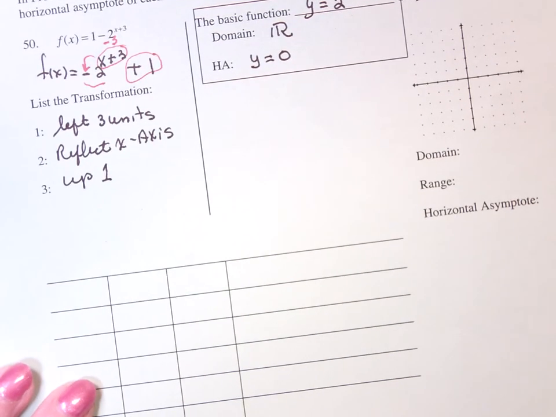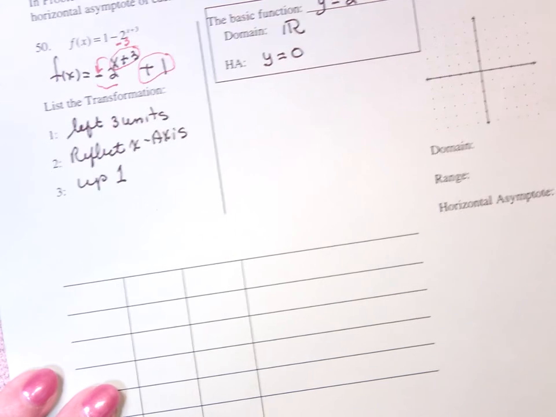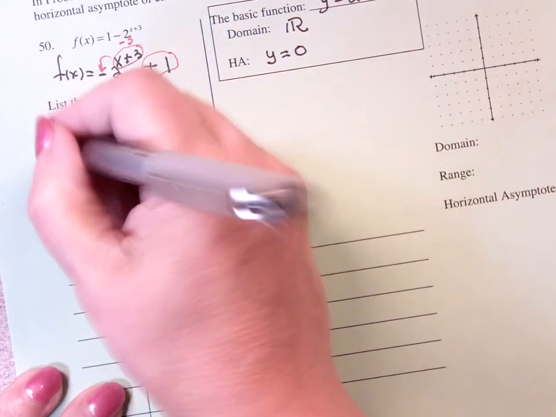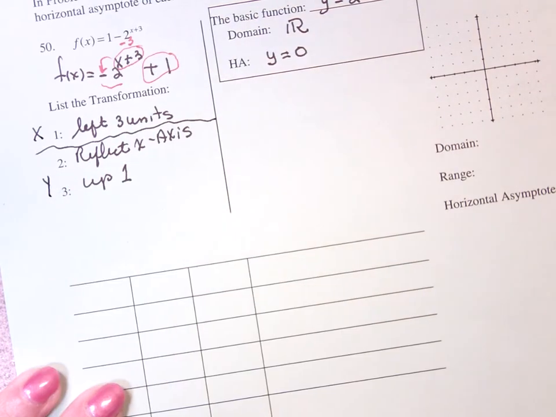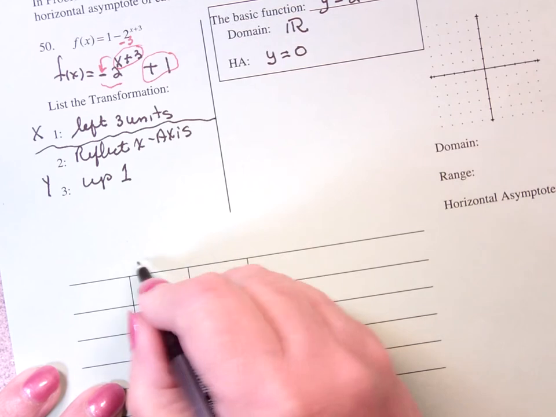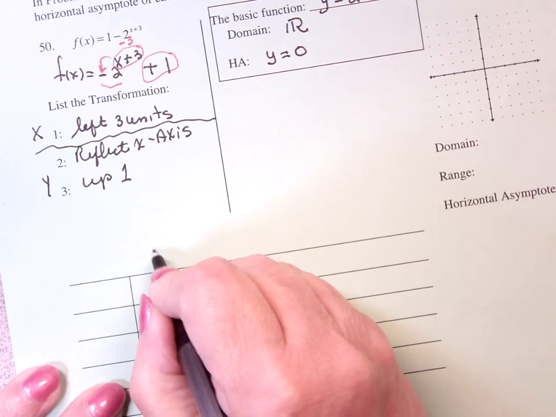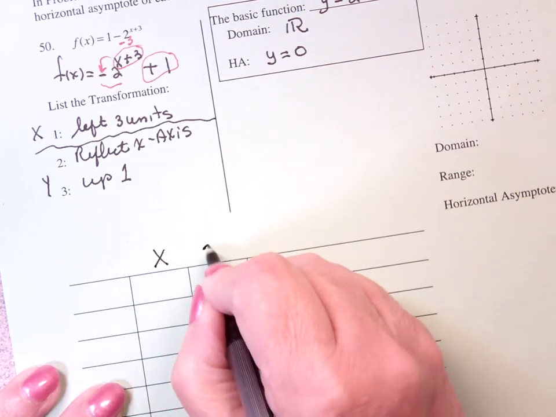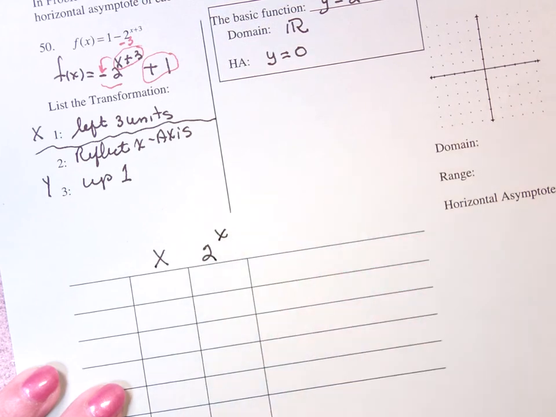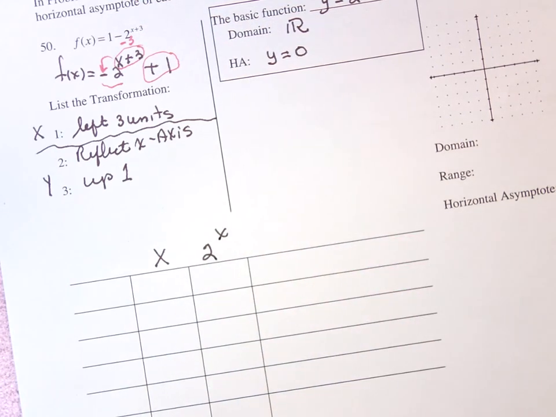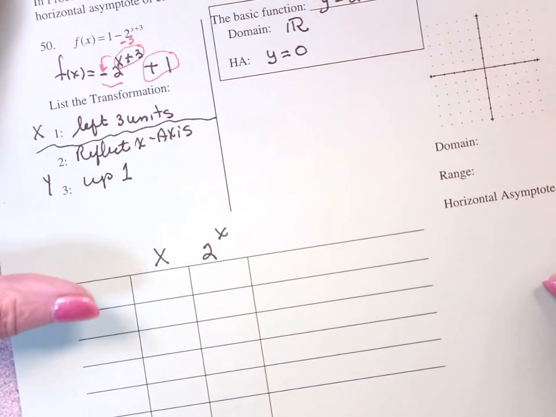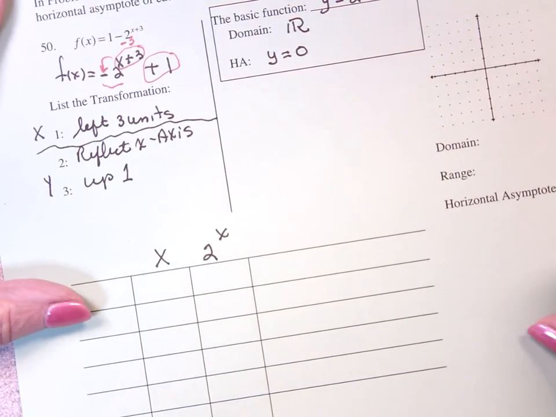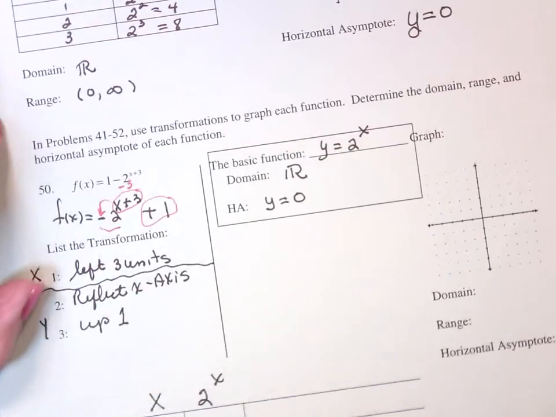Now, given that to be the case, this is the one that's on the x, the rest of them are on the y. I'm looking at my basic function, which is x, and my basic is 2 to the x. So that's your x and that's your y. Now, how many coordinate points do I need? I only need 3. This is the beauty of the exponential function.